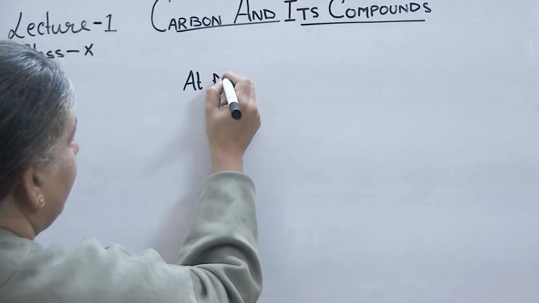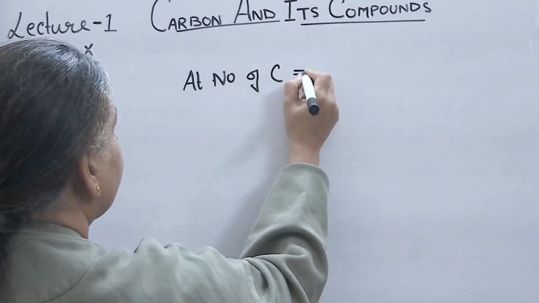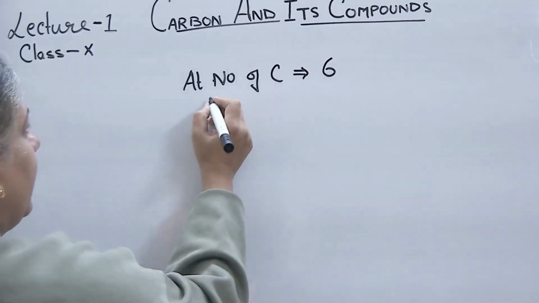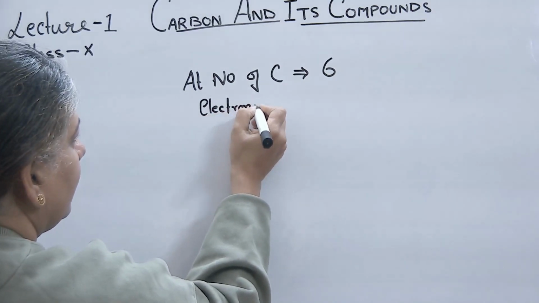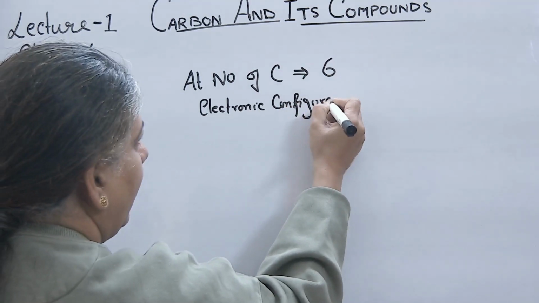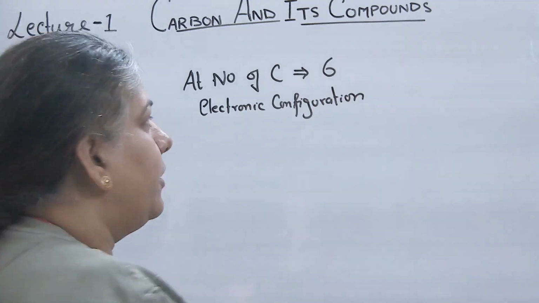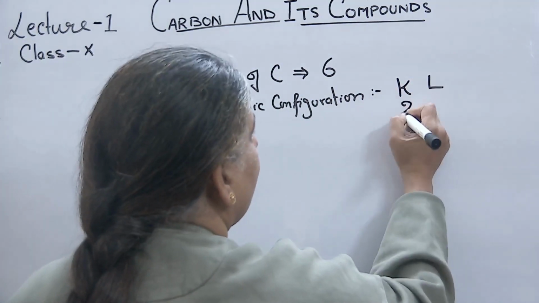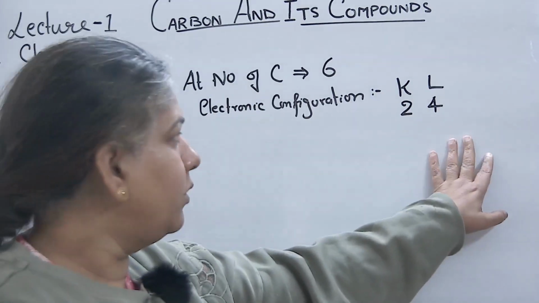Atomic number of carbon is 6. So its electronic configuration means arrangement of electrons in the atom. So in the K and L shells, electrons are arranged 2 and 4.